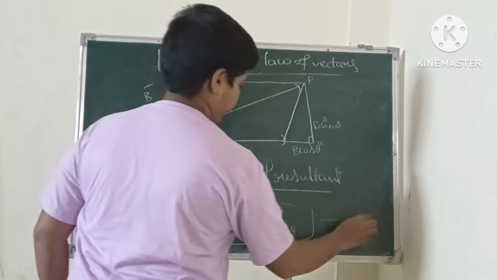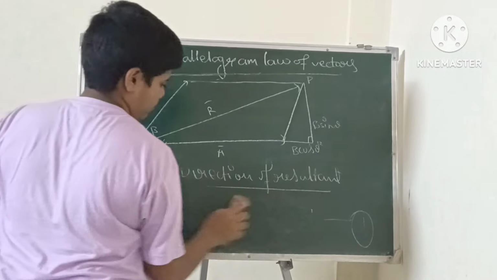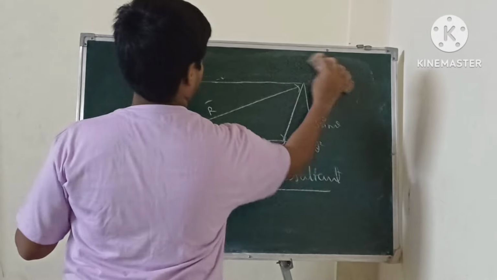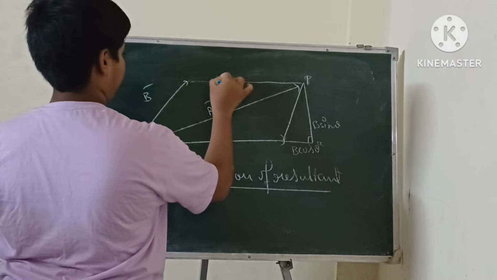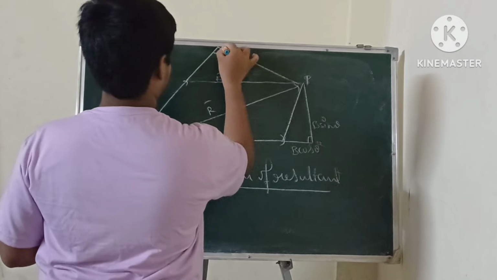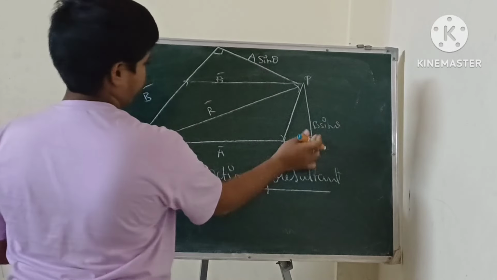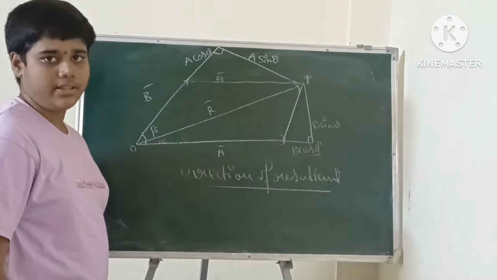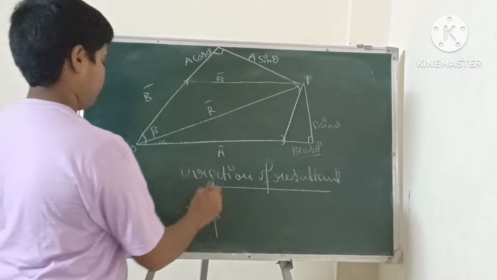Note down. This is the first equation. And the second equation, here I am wrapping this. This is P and this is B bar. Here I am extending another right angled triangle. Here this is A sin theta according to this B sin theta, and this is A cos theta according to B cos theta. Okay. So here I have to find tan beta.